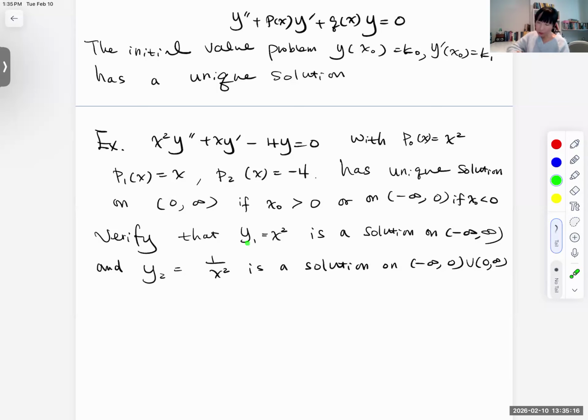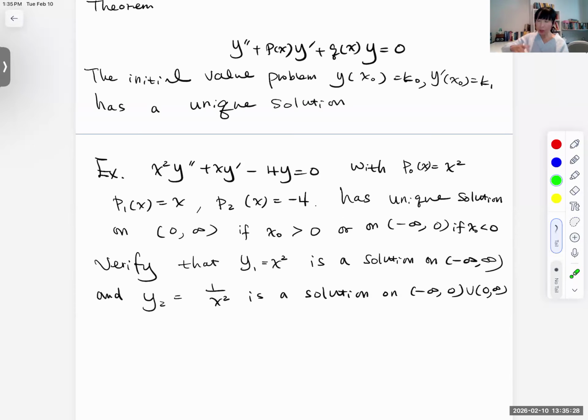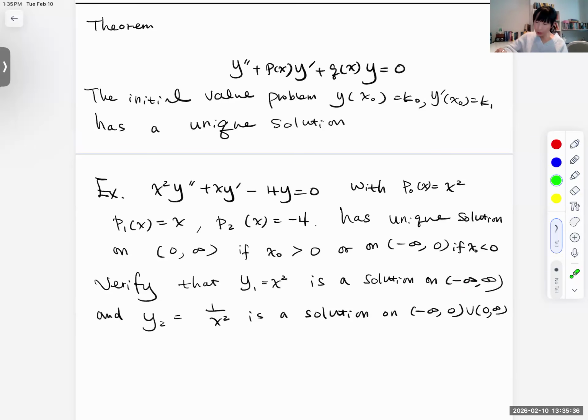So we have two solutions, and we have to check them. So y sub 1 equals x squared first. Let me bring the form of the linear second order differential equation, right?